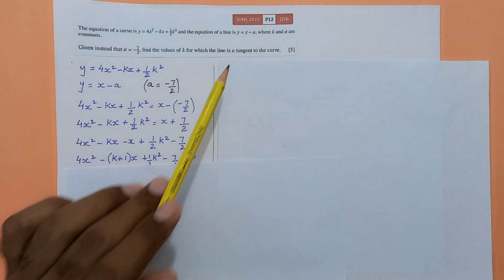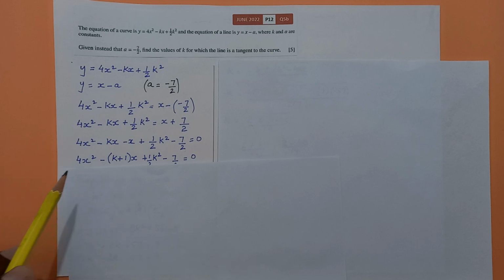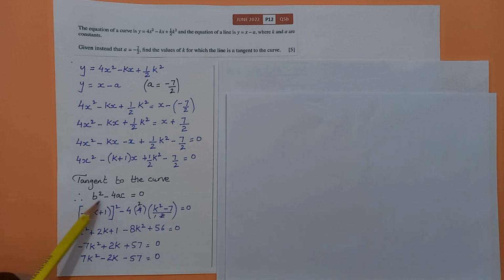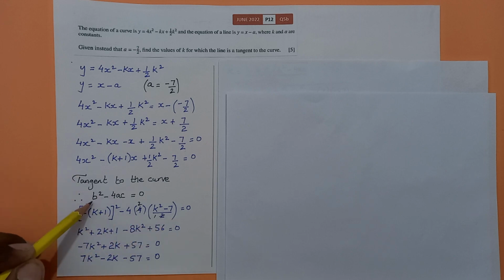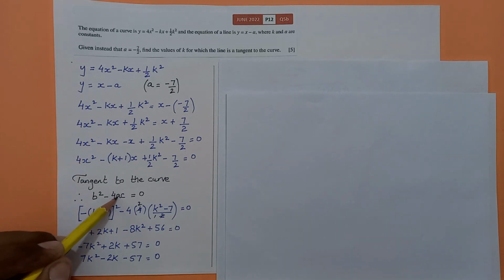The condition was that it is a tangent to the curve. That means the point of intersection is 1. That means the discriminant is equal to 0. So use the condition of discriminant equal to 0, b squared minus 4ac equals 0. Place the values of a, b and c in the given, and instead of a write 4, which is the value of a.